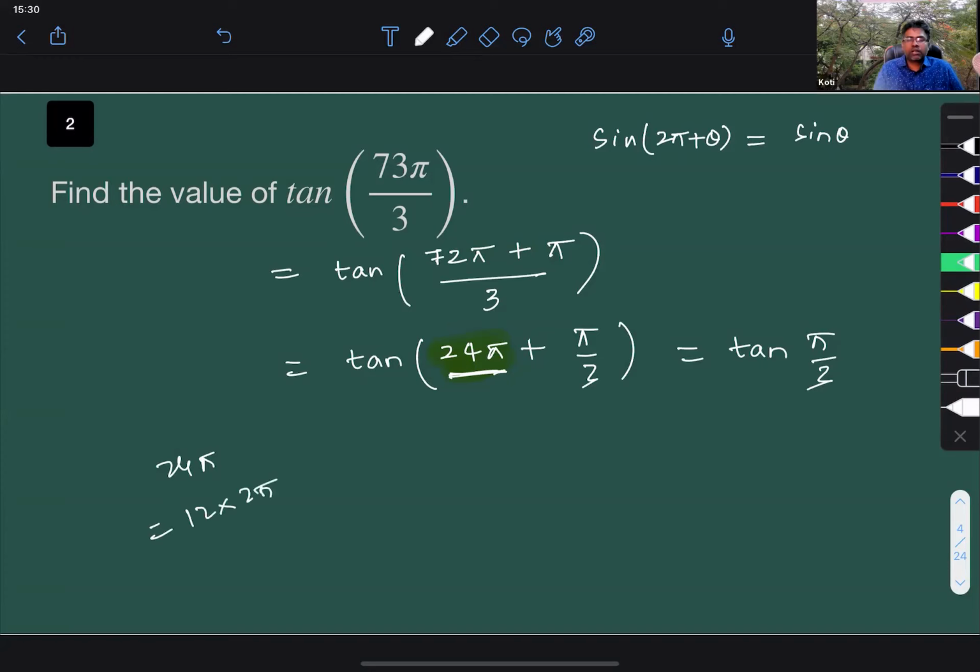It's like going around the circle 12 times and then coming back to the same angle, pi by 3. So this will give you tan pi by 3. Now, what is tan pi by 3? That is tan 60 degrees. So you should get root 3. Okay, let me know if you have any questions here, or else we'll move forward.